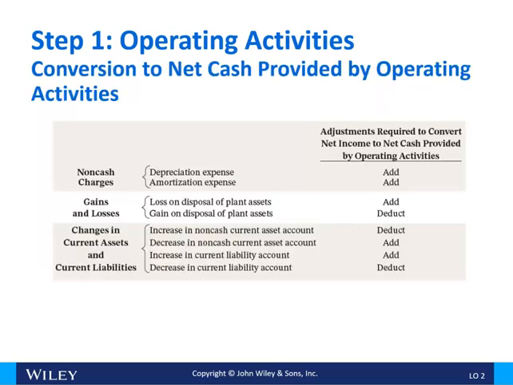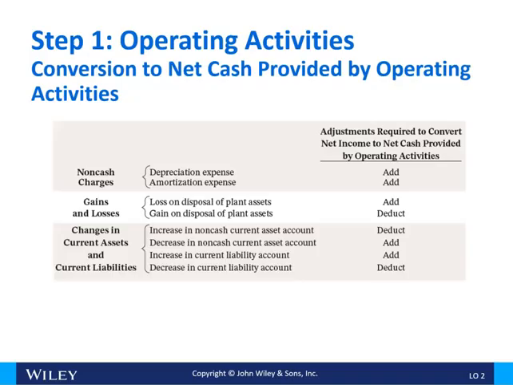So here's a summary. This is a great chart to keep in mind, maybe keep with you as you're going through the homework to help understand this. We start with net income. We're going to add back depreciation expense and the amortization expense on the income statement.